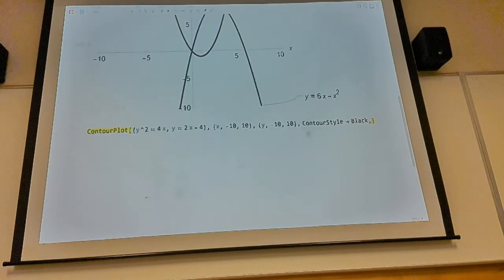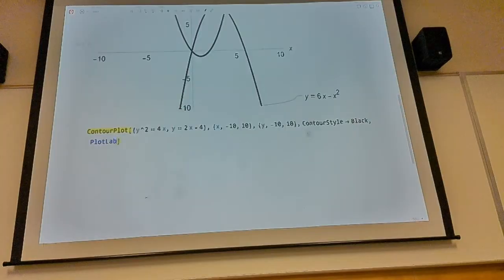The only problem with the contour plot is I've now lost my labels feature. I can't actually label my curves, which is a bit of a pain. Weird thing to not have.